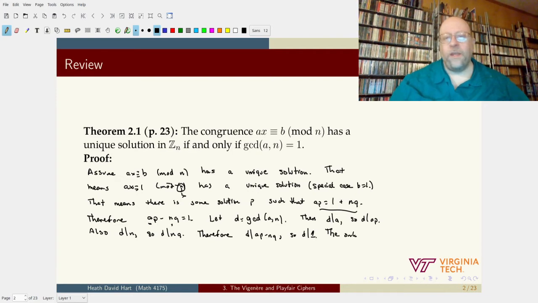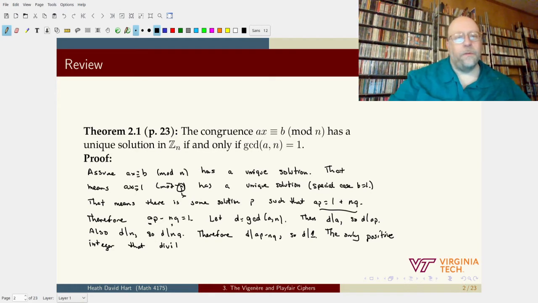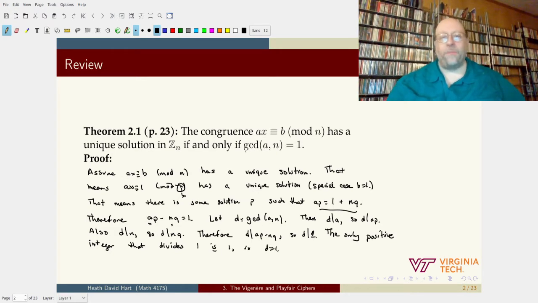The only positive integer that divides 1 is 1. And so D is equal to 1. And that proves the second part, that the GCD of A and N is equal to 1.